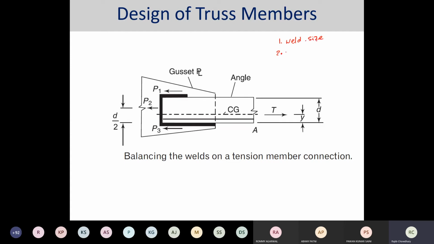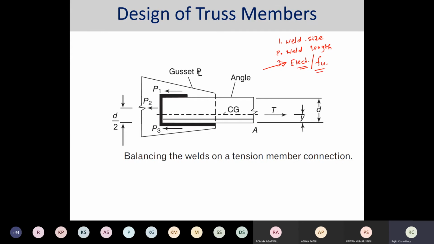Second one is the weld length. And third one, obviously, would be specified: what electrode has been utilized, or what is the ultimate strength of the weld material.